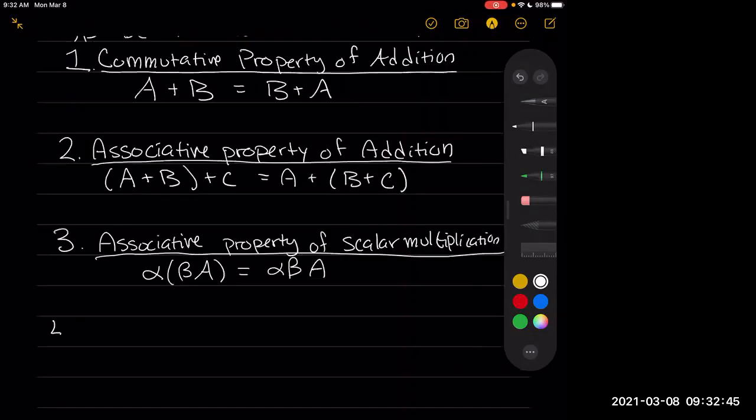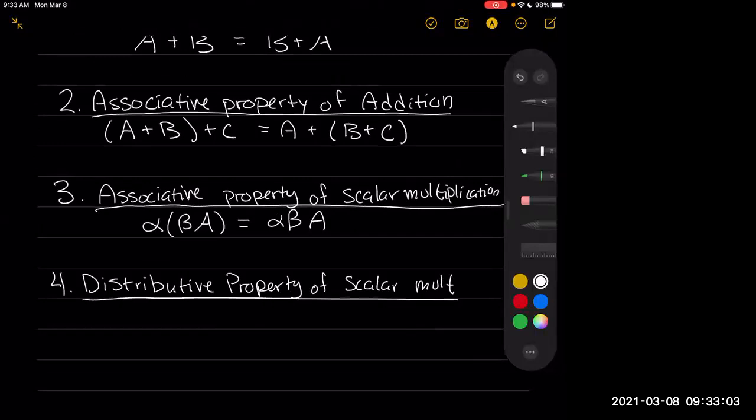And the last one in this bit is the distributive property of scalar multiplication. So there's 2 for this one. So if we have (alpha plus beta) times A, that is alpha A plus beta A. We can split up the scalars like this.